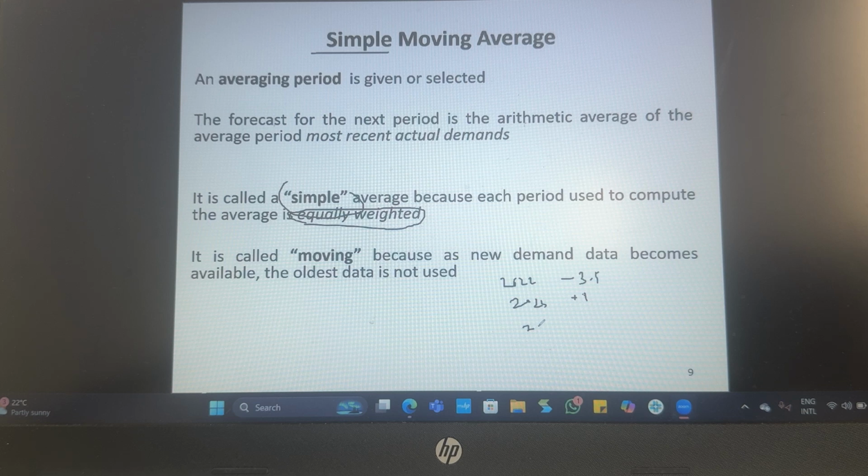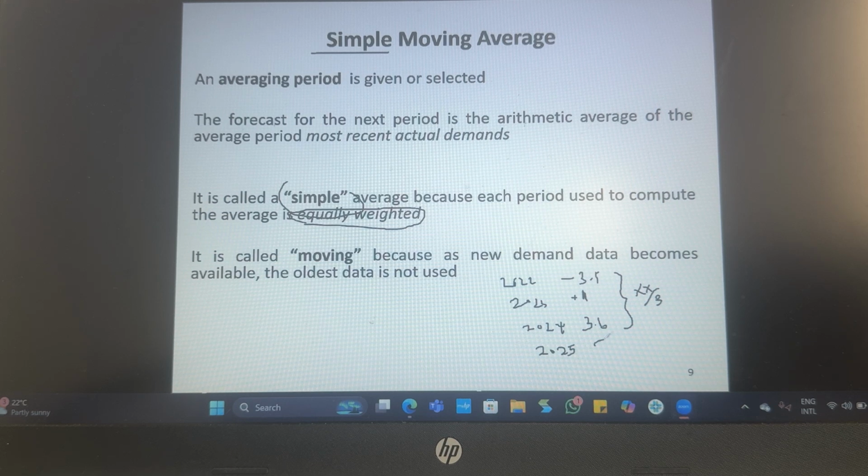And in 2024, say it is again 3.6%. And what is 2025? If we take the 3 period moving average technique here, you need to add these 3 together and divide the number by 3.